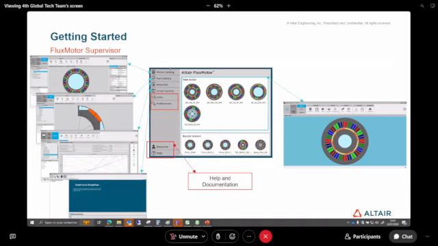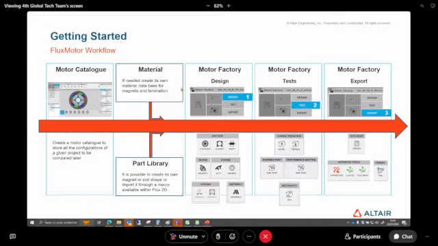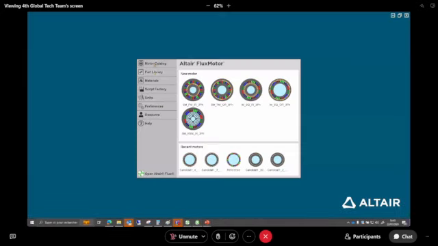And then, for a given project, once you have your own part and your own material, you can start to create your motor in the catalog you have already created. So for the journey in Flux Motor, I advise you to always start from the motor catalog. So you create your own project. The motor catalog is here.